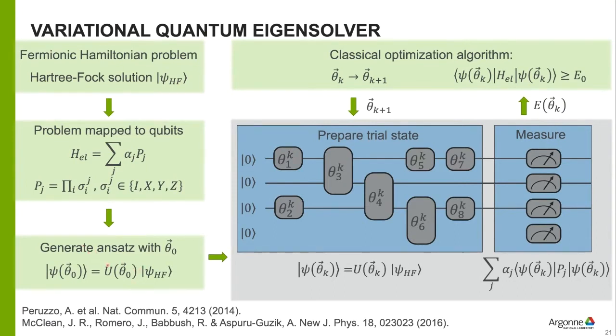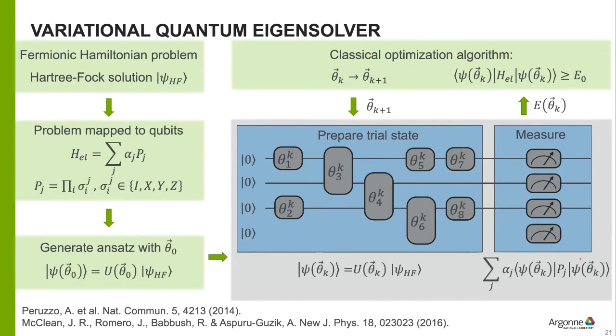So this operator U, the parametrized operator, is essentially your ansatz that prepares the trial state from the Hartree-Fock initial guess. And then you prepare this quantum state on a quantum computer using parametrized quantum gates.